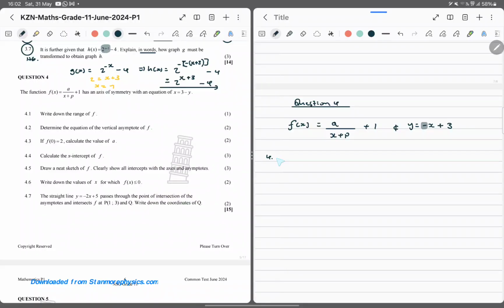So we can just start with that. 4.1, we know that the range is equal to a set of y values such that y is an element of all real numbers except that y should not be equal to 1. So that's the limit there. Nice and easy. One can write interval notation or inequalities. This one is easy to do, so I think the mark here is on the limit.